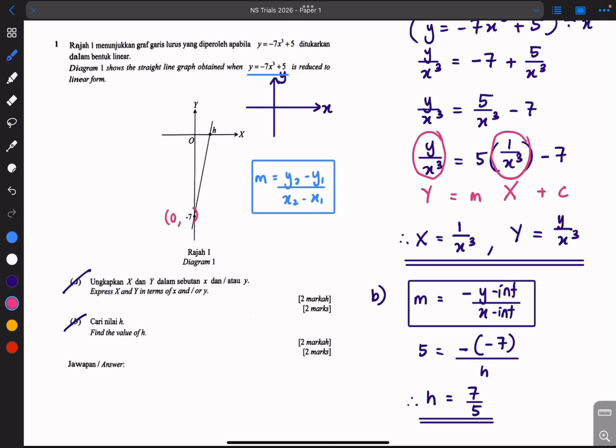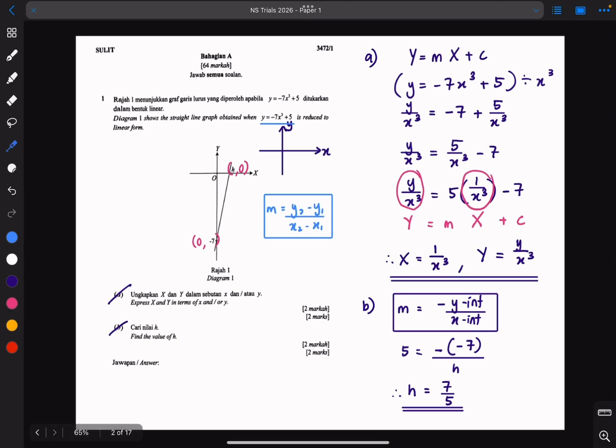So this will be 0, -7, because at this particular point x is 0. Here y is 0, so it will become h, 0. Then same thing, gradient is 5. The y2, y1 all you can put inside. You will still get the same answer. Done. 4 marks here.